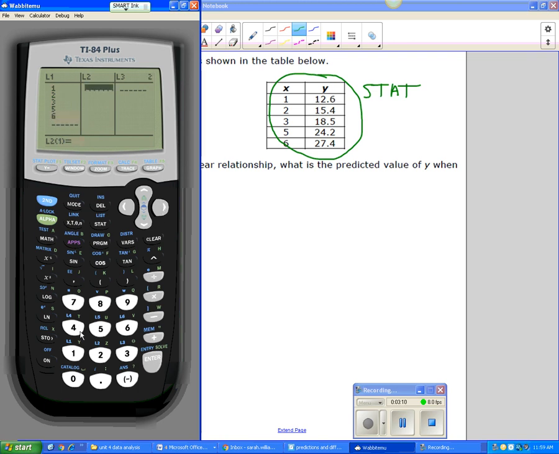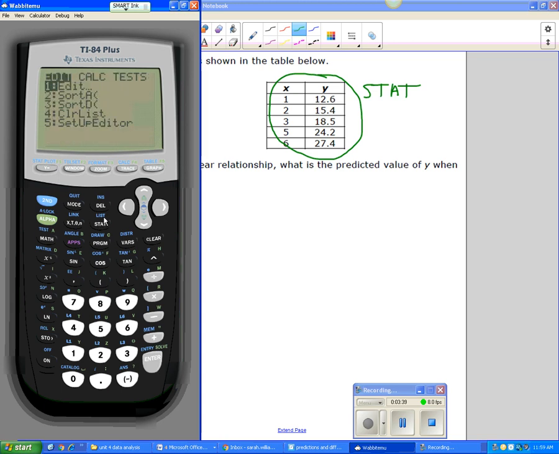And on L2, I'm going to put in 12.6, 15.4, 18.5, and 24.2, and 27.4. You need to be doing this as well. You should have put this in your calculator. If you need to, pause the video and put these numbers in your calculator.